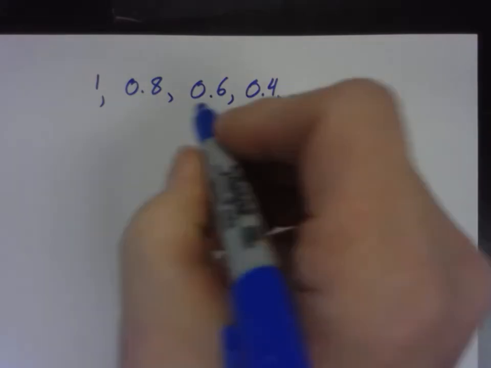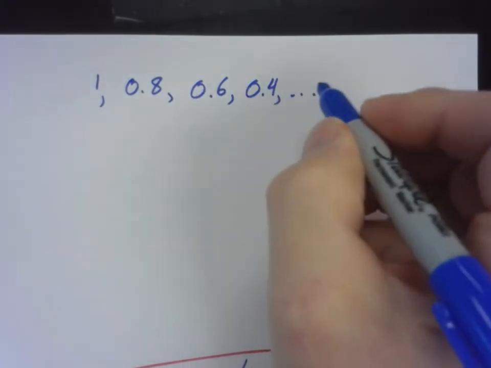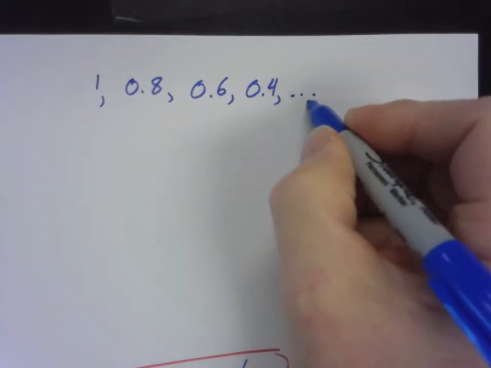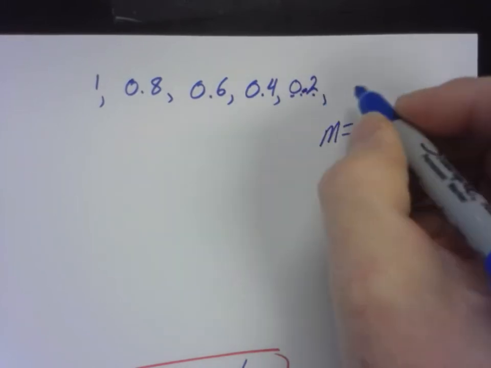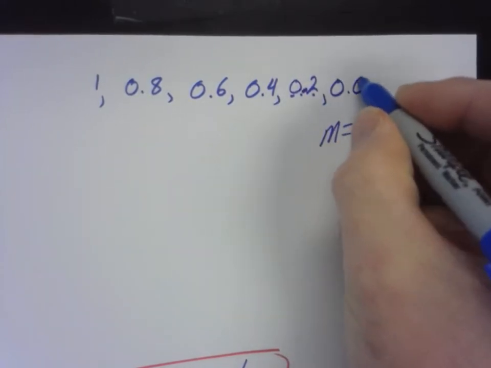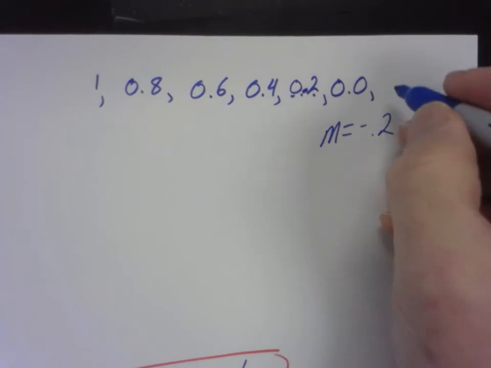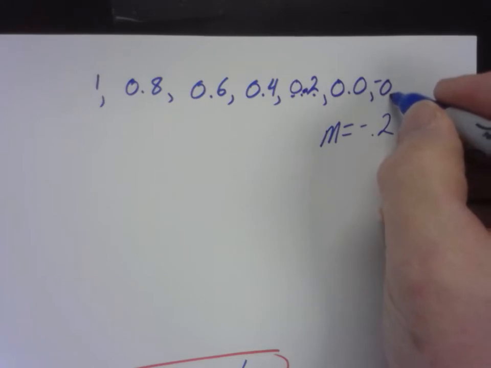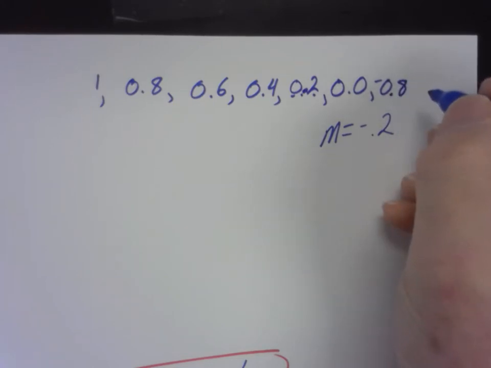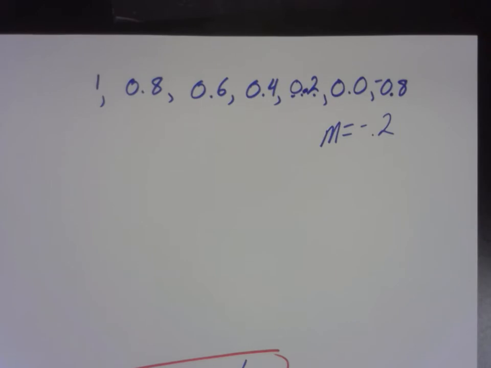So this is 1, 2, 3, 4. The fifth term in the sequence, 0.2. And then 0.0. And then negative, isn't it 0.8? Negative 0.8?